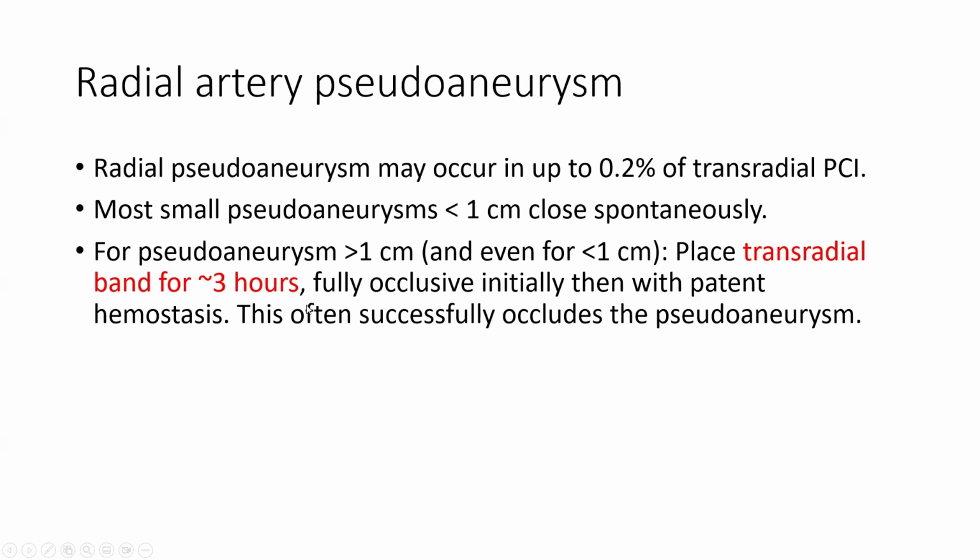After that fully occlusive period, you maintain patent hemostasis, meaning you either have a radial pulse below the transradial band or you have an oximetry waveform, even if you occlude your ulnar artery while your transradial band is on, meaning you have radial flow. That's what we call patent hemostasis. So this will often successfully occlude the pseudoaneurysm.